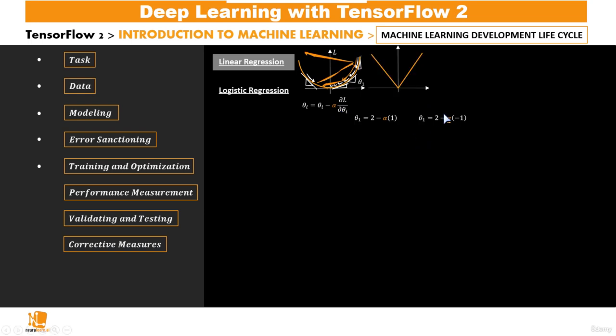Now let's look at the mean absolute error we had seen earlier under the error sanctioning section. We had seen that the mean absolute error had a disadvantage compared to the mean square error, and that disadvantage was simply the fact that the closer we go to this minimum point, these changes actually aren't reduced.